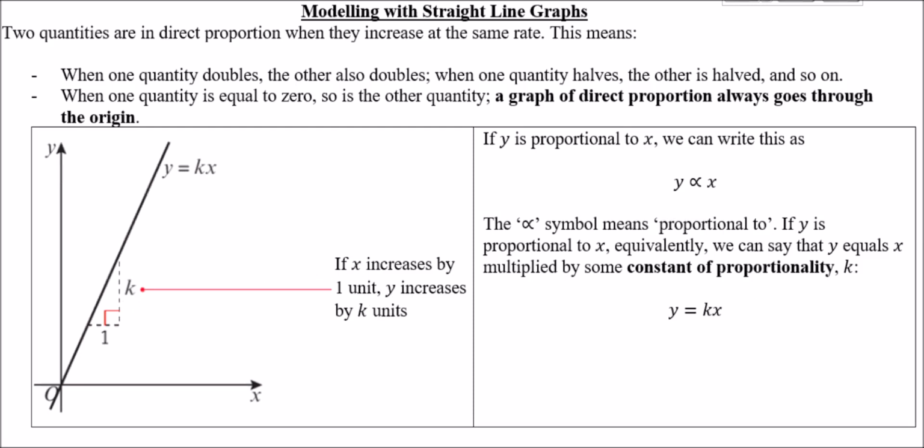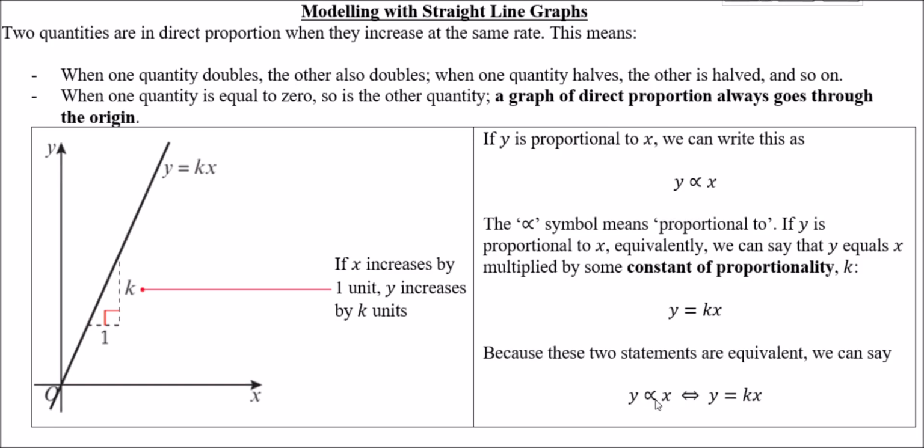Now just a bit of mathematical language for you, which I didn't need to include, but I'm going to include it just to introduce you to a few more symbols. Because y is proportional to x is equivalent to y equals kx, we could write it mathematically like this: y proportional to x, this double-headed arrow, y equals kx. This double-headed arrow means one implies the other in both directions.